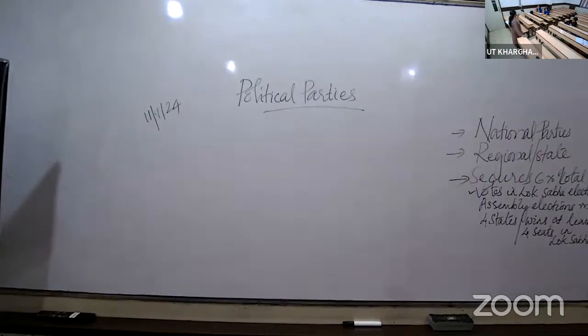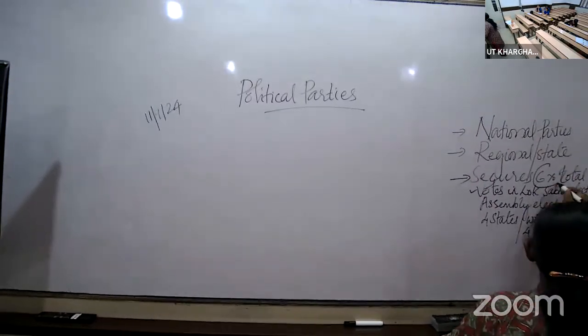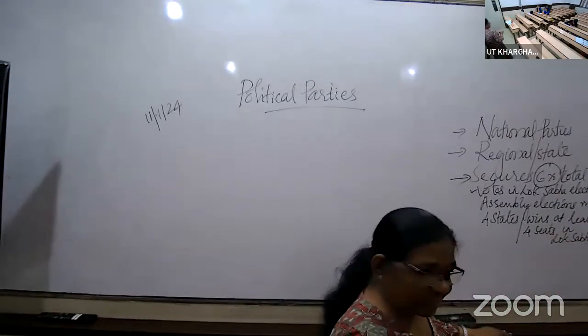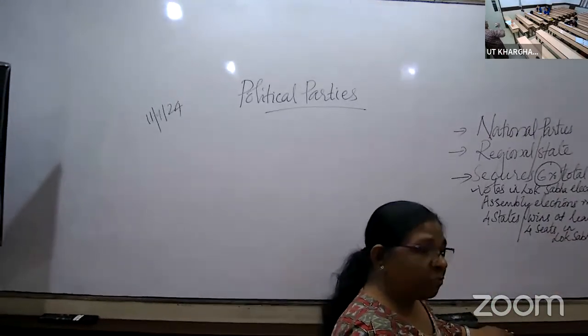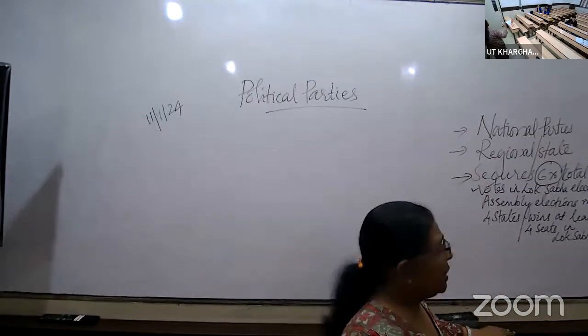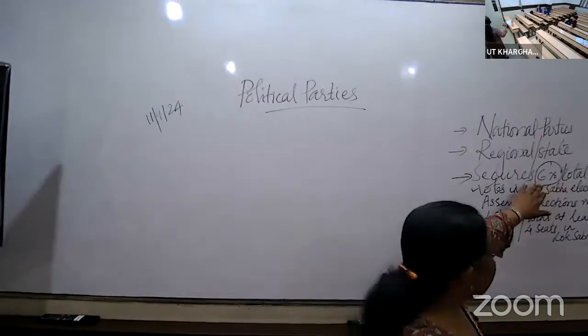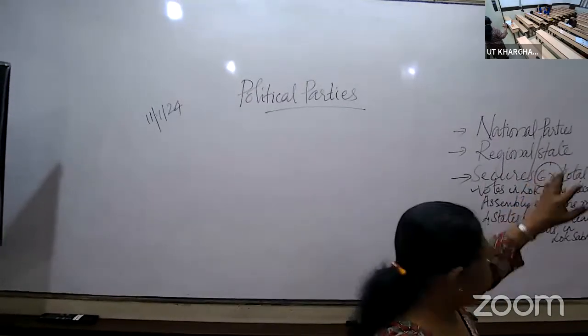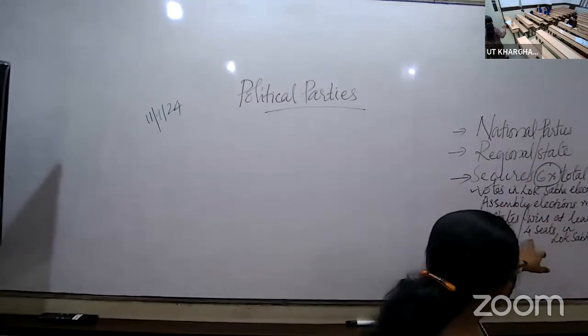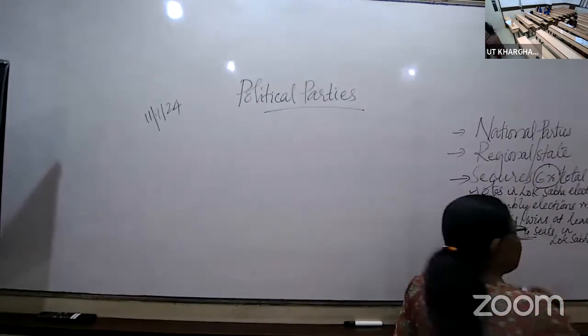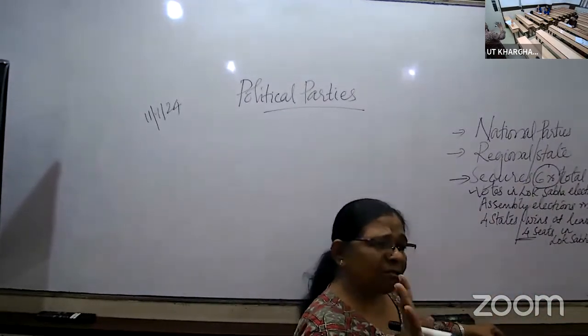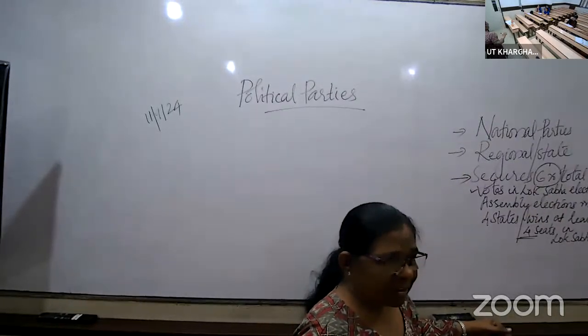Or the third condition is at least 4 seats in the Lok Sabha. So one is 6% of the total votes cast. If any political party secures that much percentage of votes, then it can be declared. Now, second is that a political party gets 4 seats in the Lok Sabha.